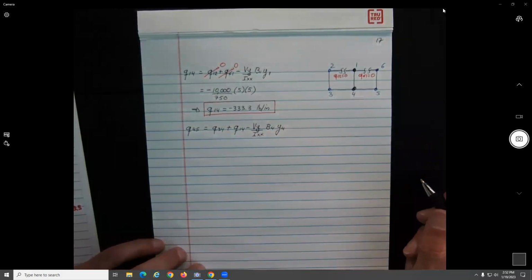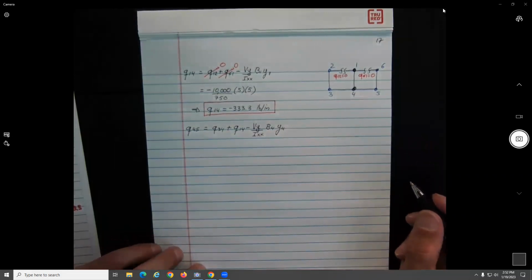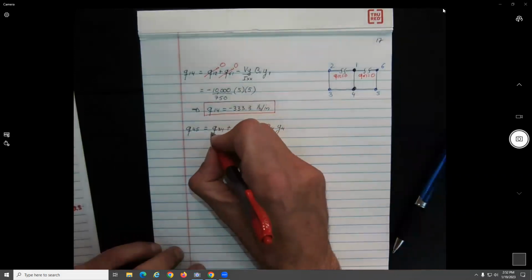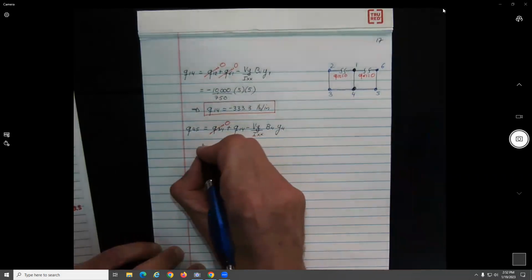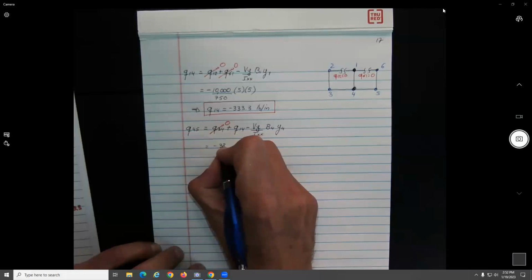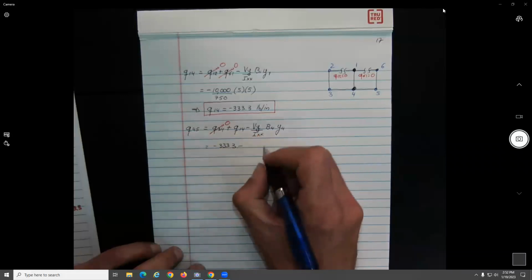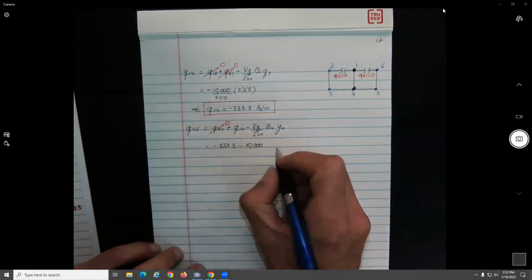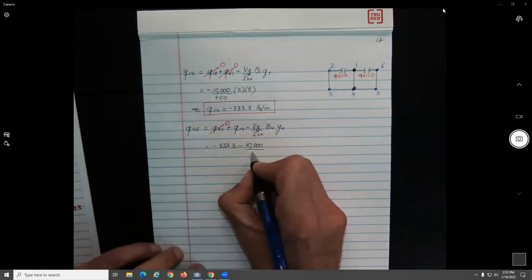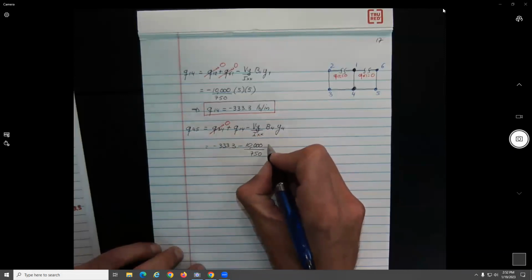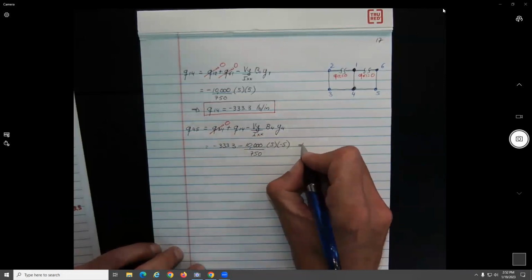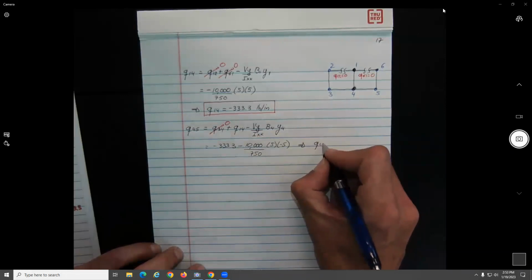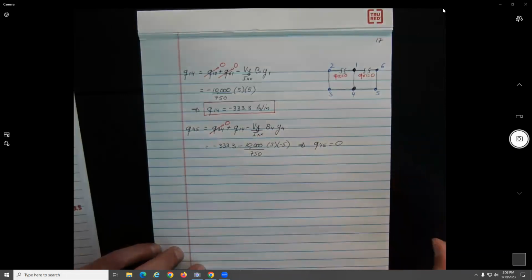Okay? What was Q34? It was 0 as well, no? It's not one of the vertical loads. So we get minus 333.3 minus 10,000. I mean, what should we get? 0, okay? Minus 750 times 5 times this time minus 5. So as expected, we get Q45 equal to 0.